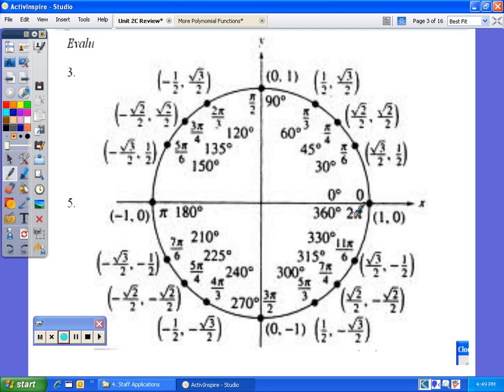Now when you get to the 45s, you count, and you have 4s in your denominator. So it's 1 over 4, 2 over 4, 3 over 4, 4 over 4, 5 over 4, 6 over 4, 7 over 4, 8 over 4. Alright, so 2 different ways to remember your unit circle. So remember that, please, because you need to know that for your test.